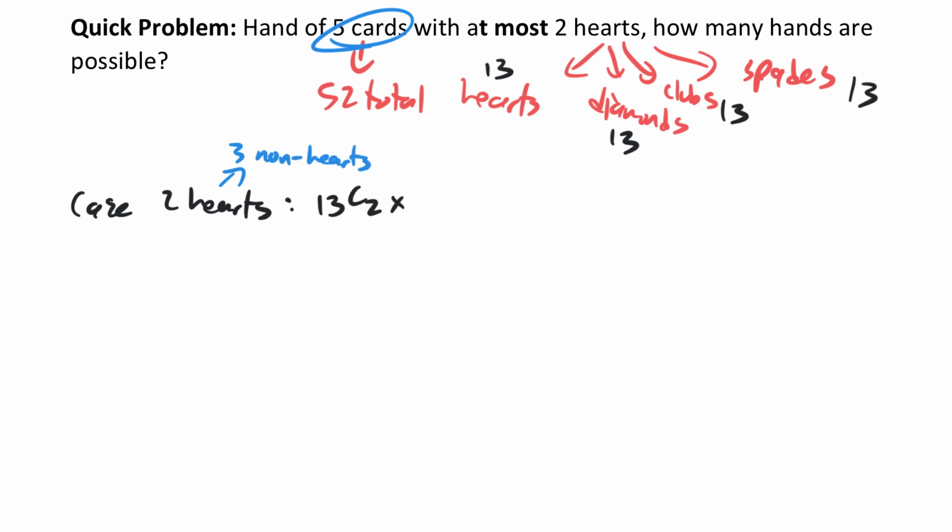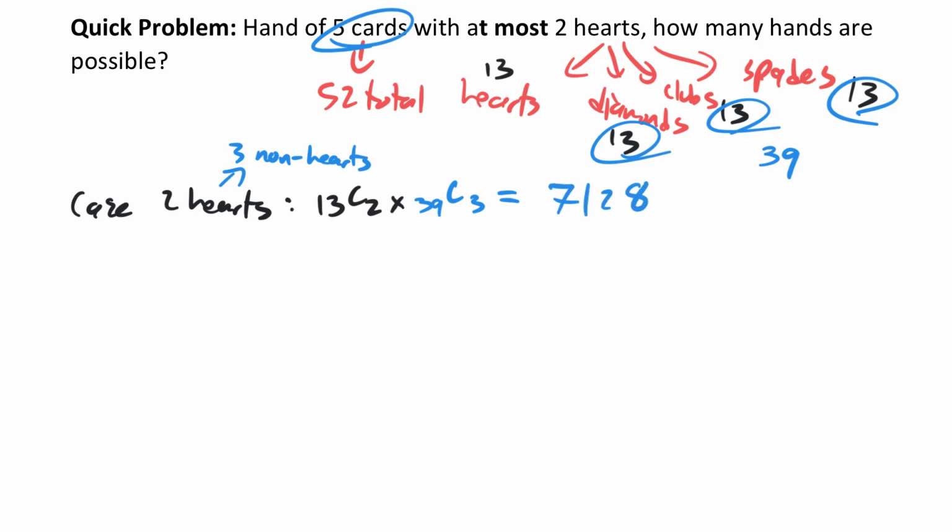If you have 2 hearts and 3 non-hearts, that makes for your 5 cards. And how many are non-hearts? Well, the diamonds, clubs, and spades are the non-hearts, which add to a total of 39. So here you'd have 39 non-hearts to choose from, and you'd need to choose 3 of them. So 13C2 times 39C3. It's going to give 712842. A lot of different options, but that's what happens when you play a game of cards. There's so many different possible hands.